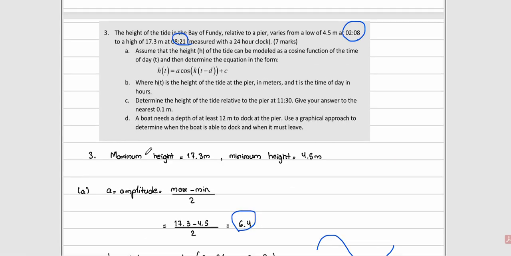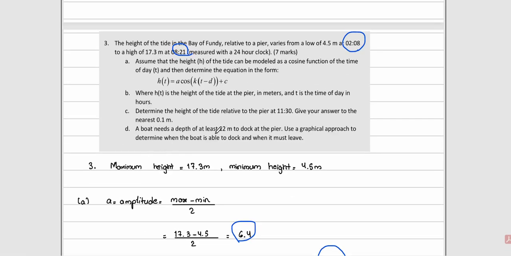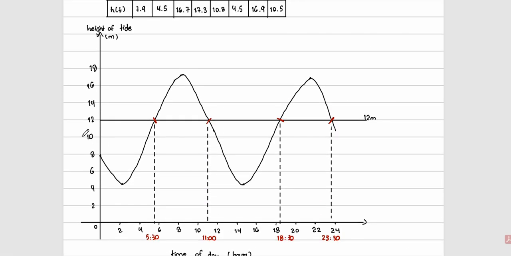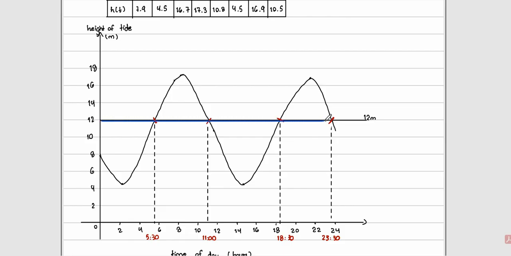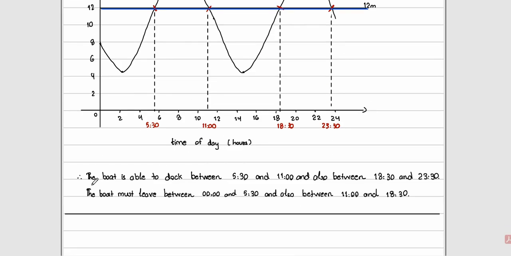Since the question says at least 12 meters to dock at the pier, we need to draw the line at 12 meters on this graph, because this is the minimum depth to dock. So I've already given the explanation.